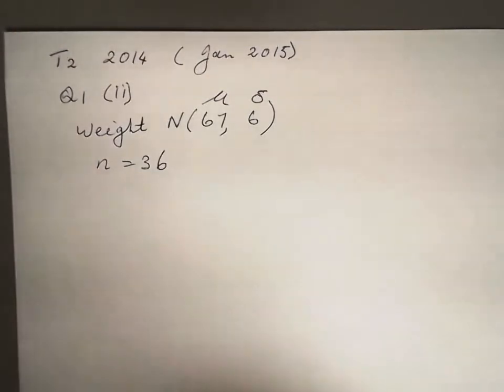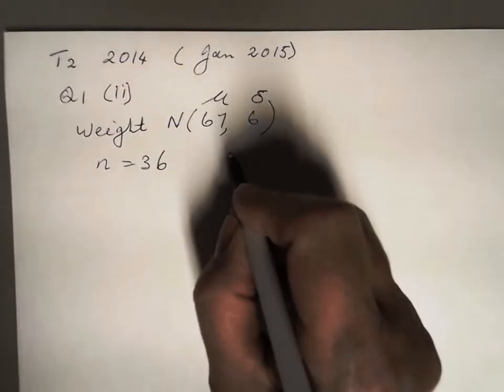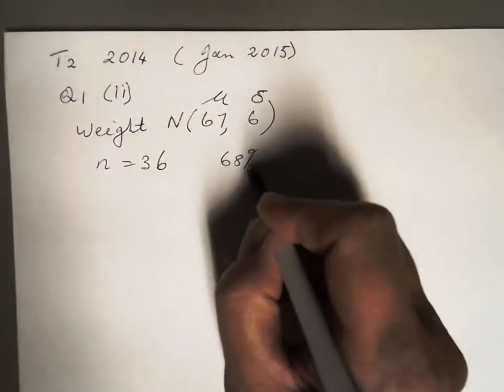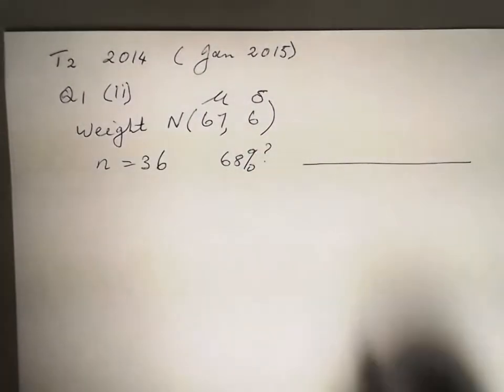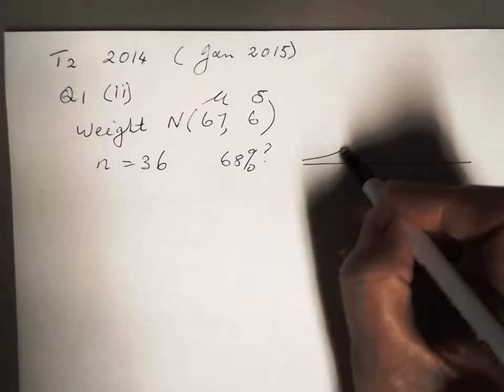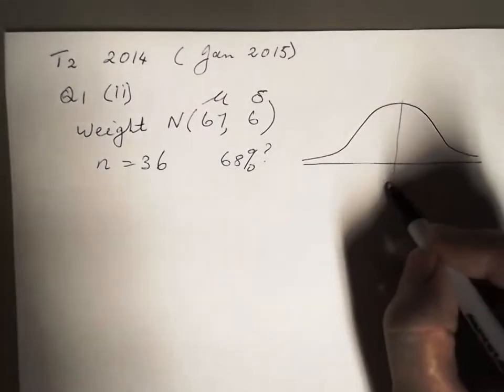So we have to find basically a confidence interval around the mean of 67 with one standard deviation either side of it. And why is it one standard deviation? Well, if we have a look at a general normal distribution, the middle point is our mean.